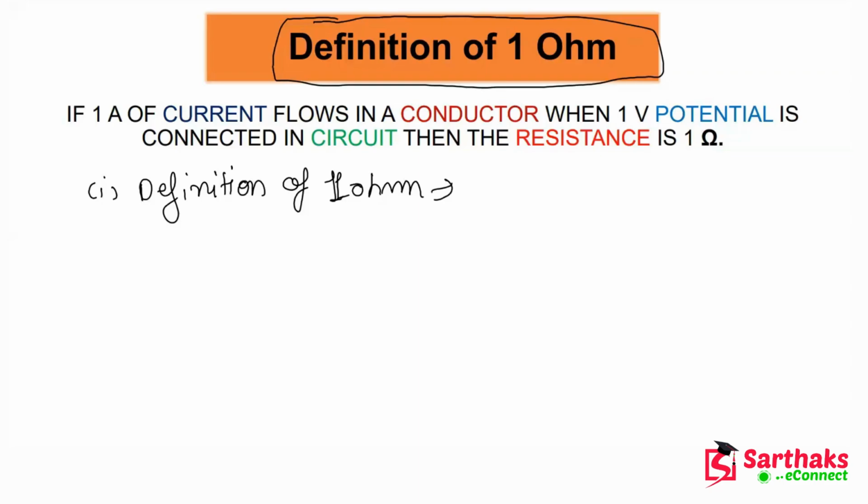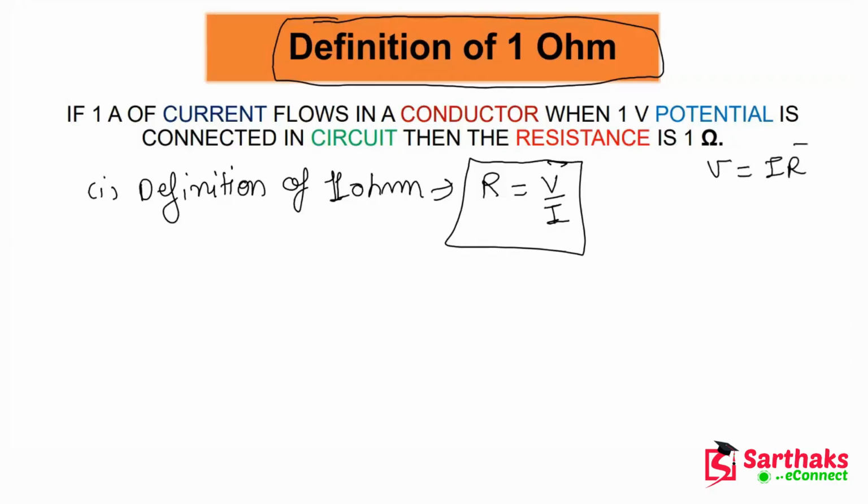Let me write this, V upon I. I can write this formula. Now you might wonder how this formula comes. Let me tell you, guys, we know that V is equal to IR.